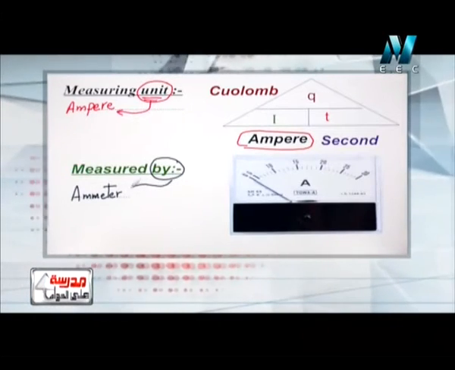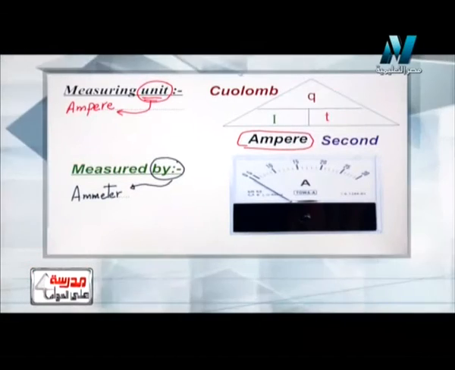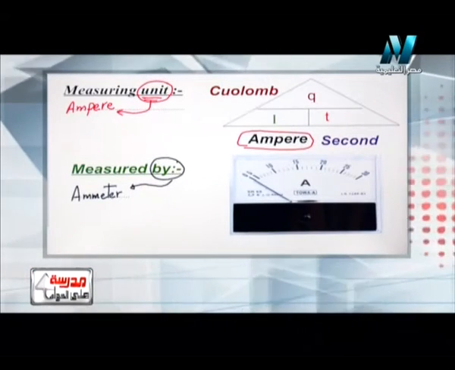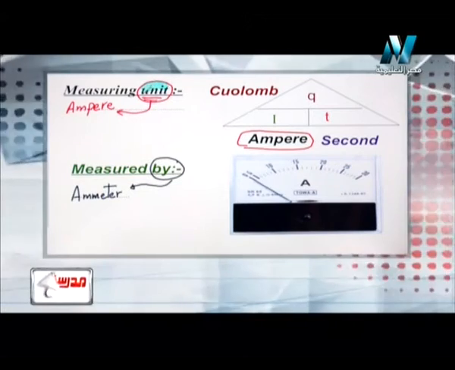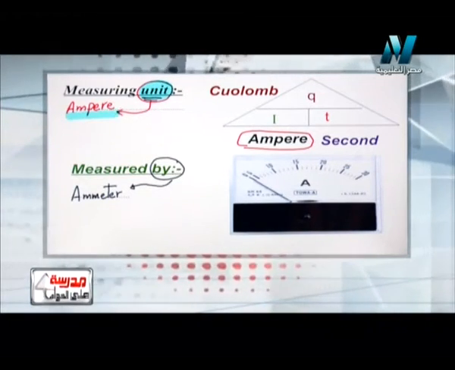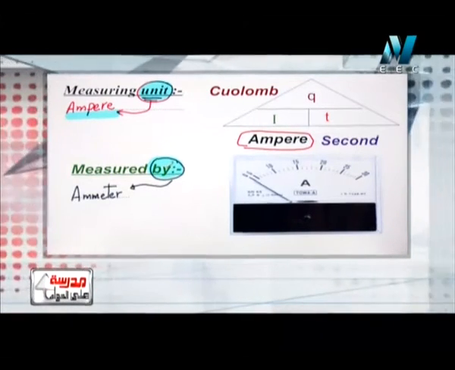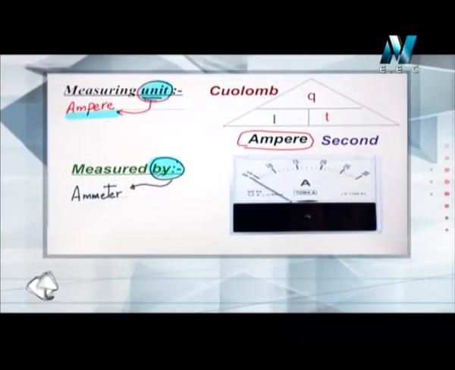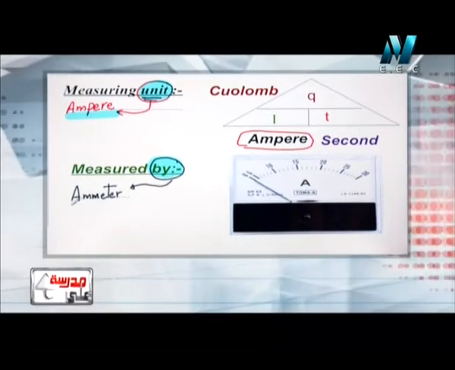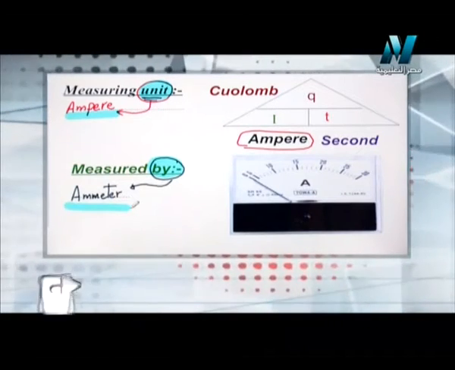When he says measuring unit, he wants the name beside the number. Here we say ampere. But if we say measured by, what do I want? The device. Excellent. So we need the device that measures the electric current intensity.